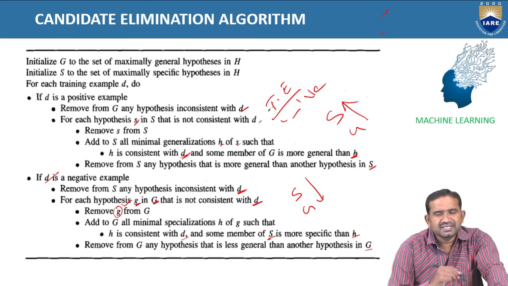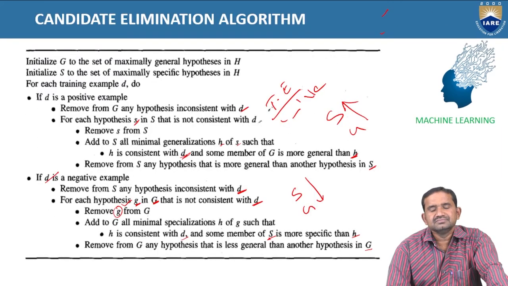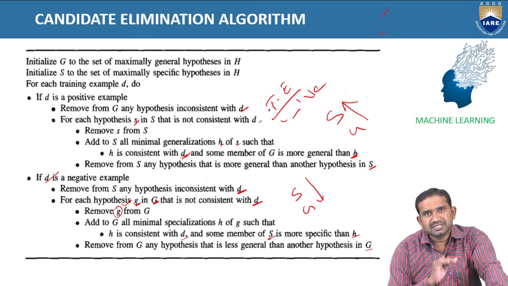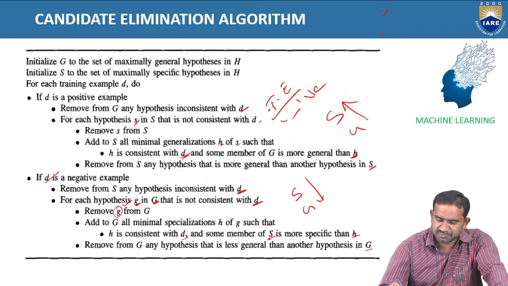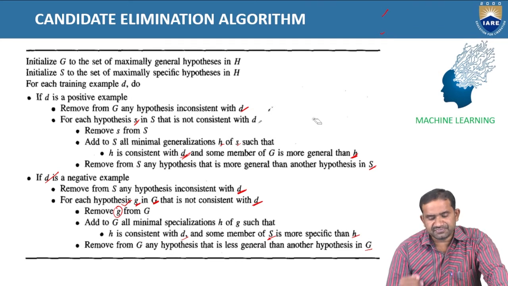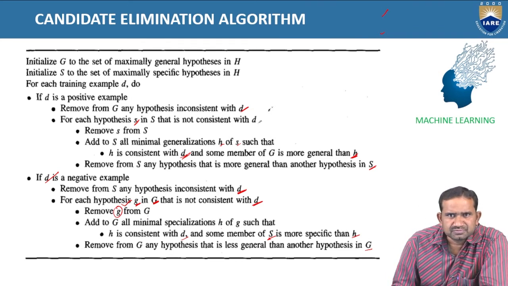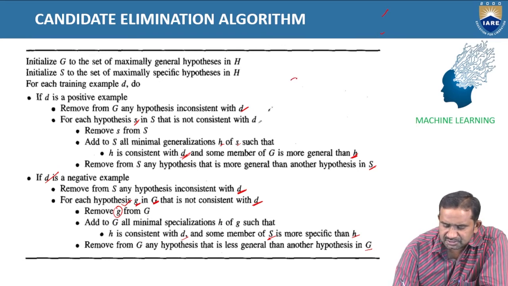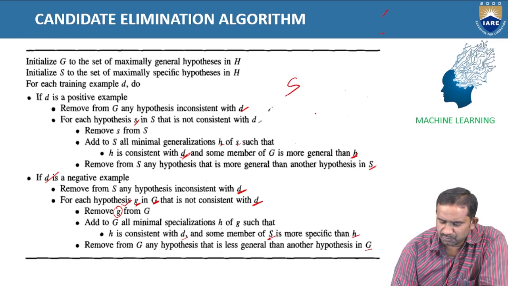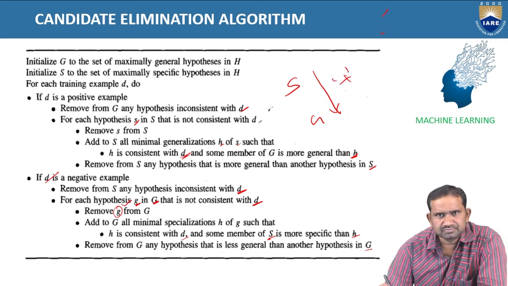Finally, in the candidate elimination algorithm, if the training example is positive, we start from the specialized hypothesis and move towards the generalized hypothesis, from top to bottom.